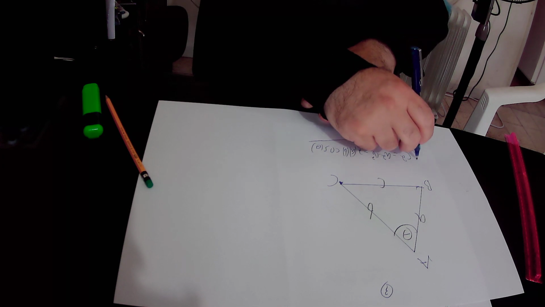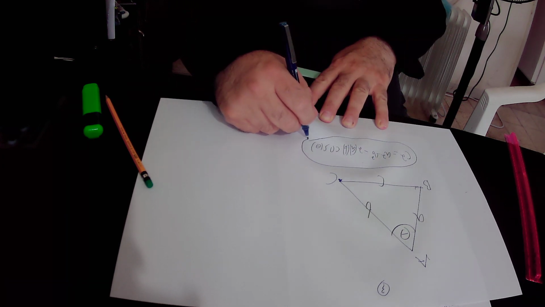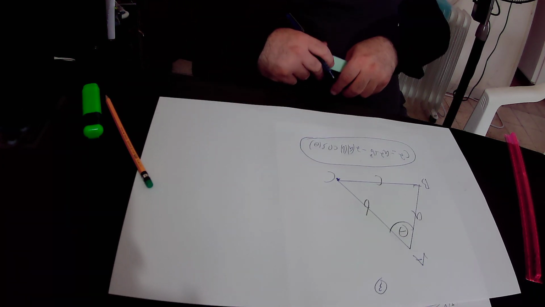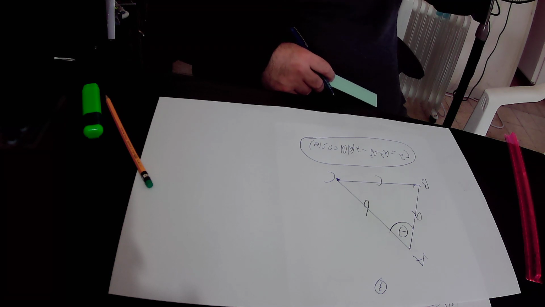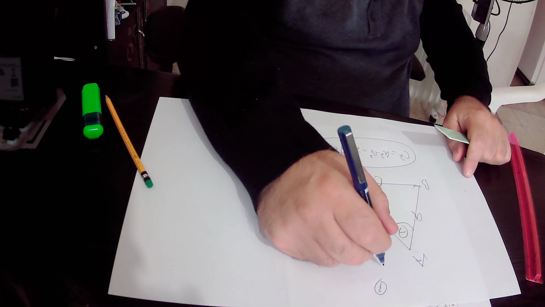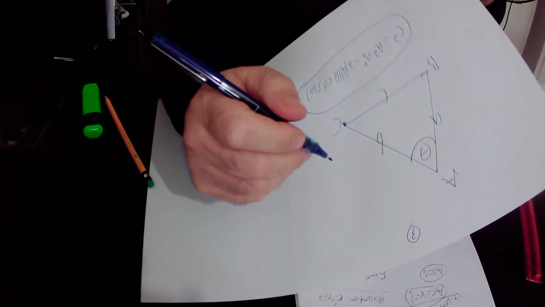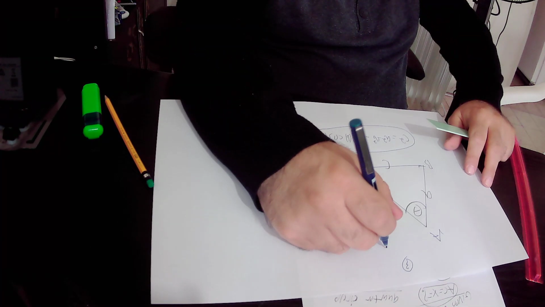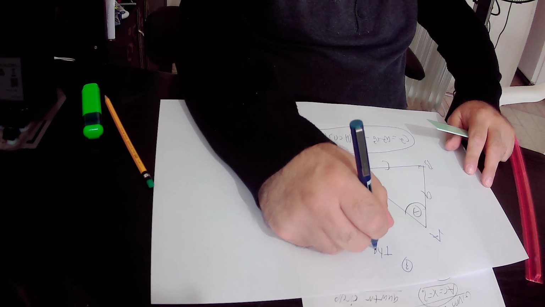Okay, this equation is true in any triangle. Now we will implement the law of cosines in our triangle, the green triangle, triangle AOC. This is the law of cosines.